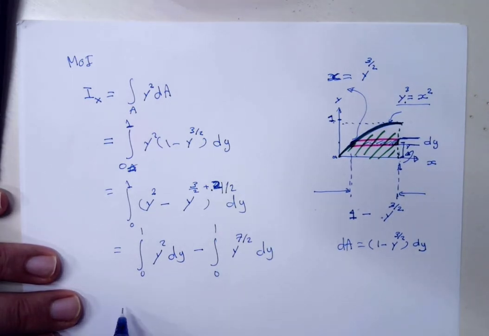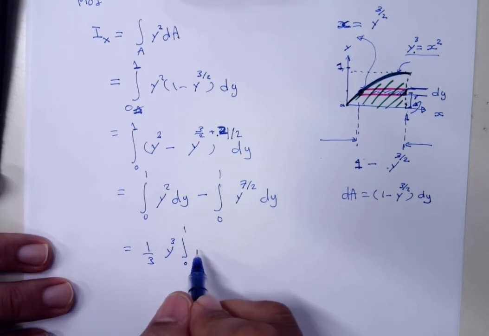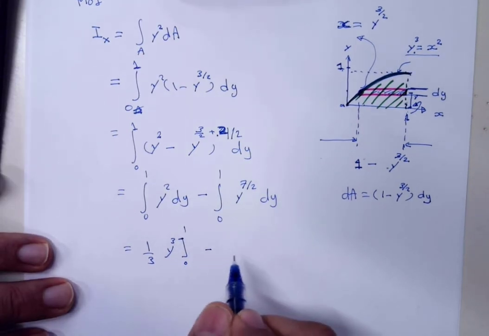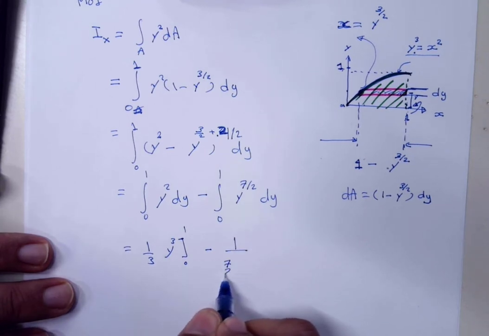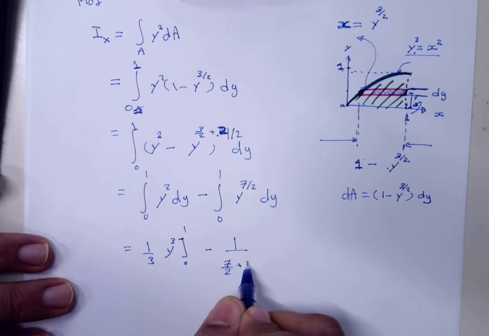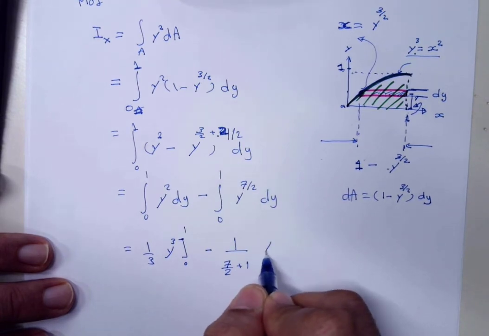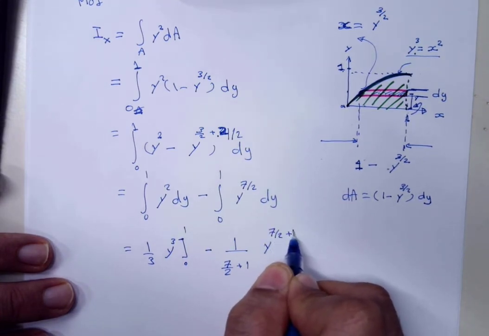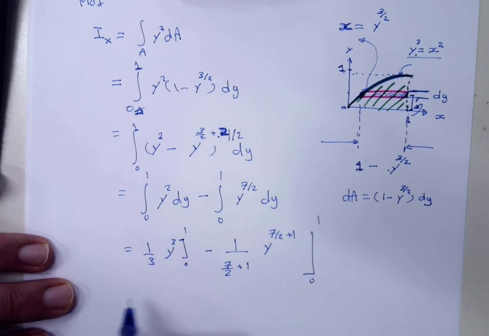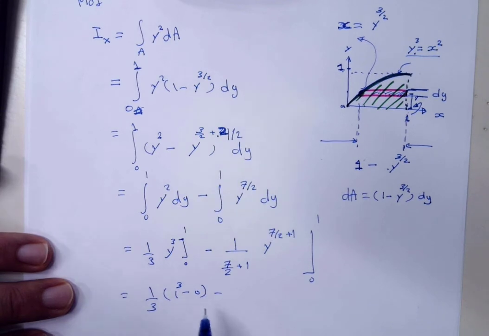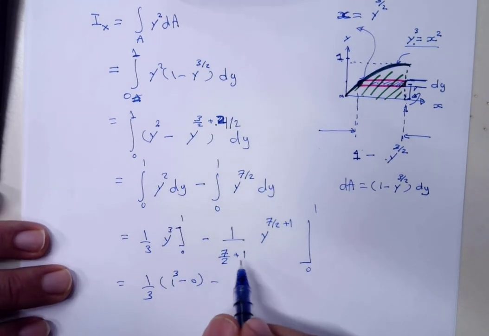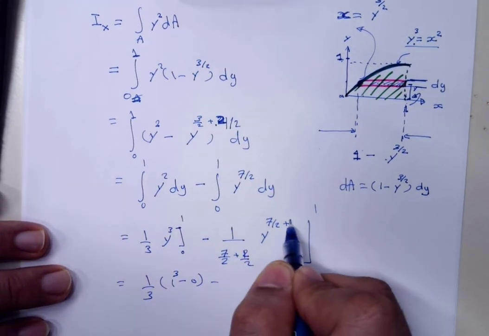Okay, so that's now integration from 0 to 1. This is the boundary, minus 7 over 2 plus 1, from 0 to 1, minus 0, minus. So this is 2 over 2, this is 2 over 2.